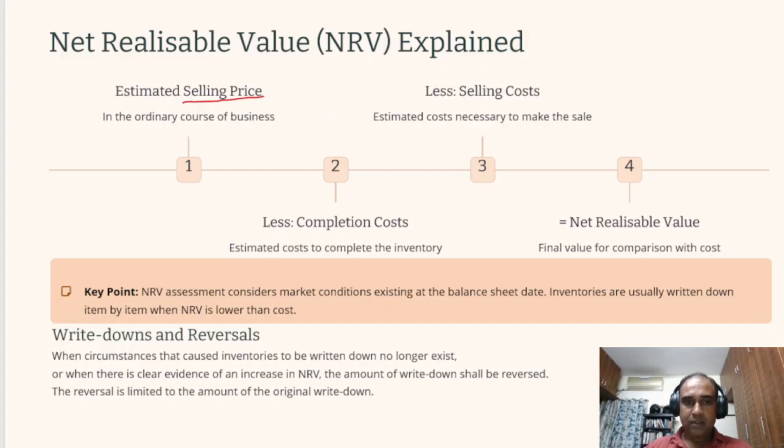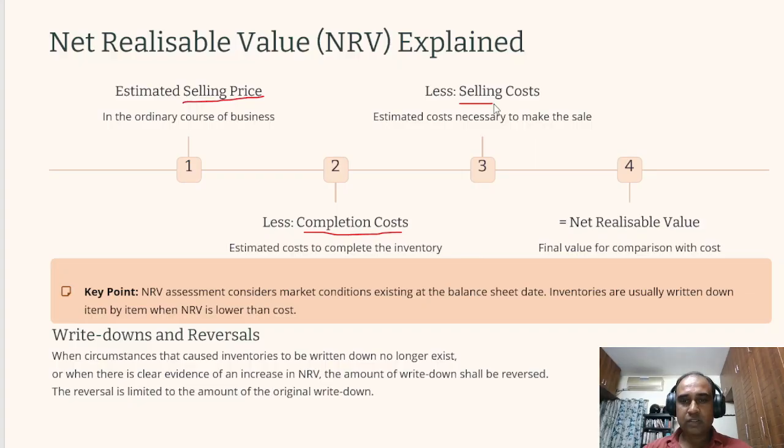Now, we cannot sell the inventory as is, right? If it is in the stage of production, if it is partially completed, no one will buy the inventory until it is fully completed. So less completion cost: the cost which is incurred to complete the inventory so that it converts to finished goods, and that is when we can sell the inventory. So what are the estimated costs to complete the inventory?